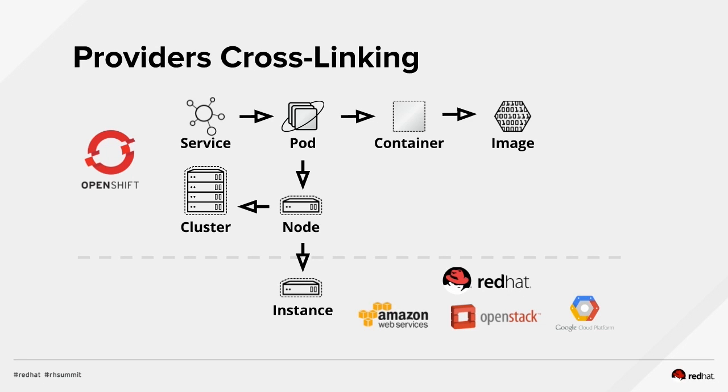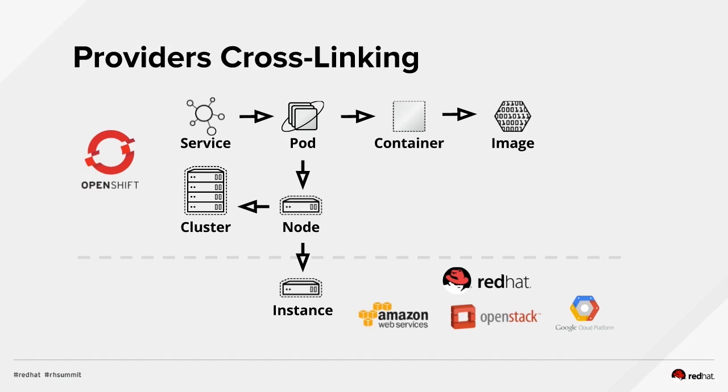So we are collecting all the entities from OpenShift, the majority of them. OpenShift has a very vast array of entities. And we connect them so that you can travel from services to pods and containers, but also reach the underlying nodes.